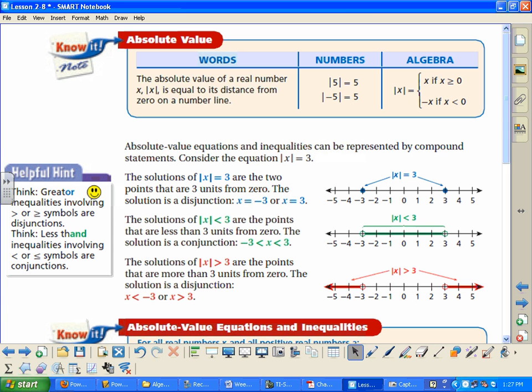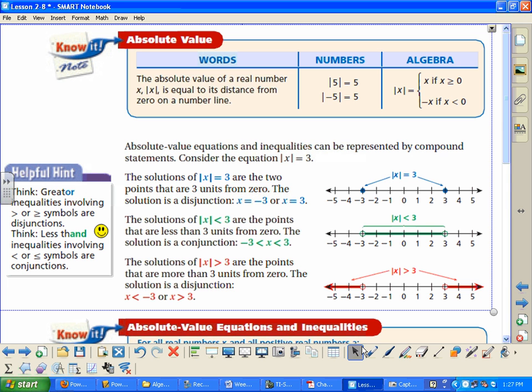Notice the blue highlighted there. Think less than inequalities involving less than or equal symbols are conjunctions. Okay? So you can think of it that way. If they say greater than, okay, it's a disjunction. Less than, it's a conjunction.